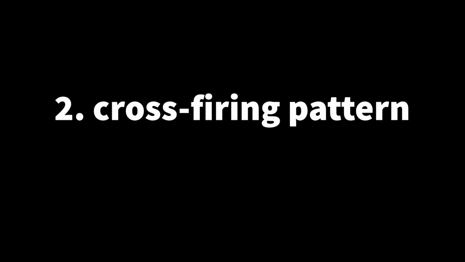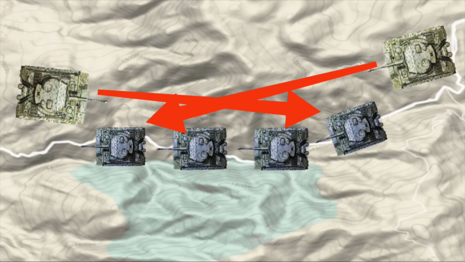2. Cross-firing pattern. In this pattern, for any reason, such as the presence of ground obstacles, the friendly tanks do not have the ability to confront the tank in front of them. Instead, each tank acts against the target based on its angle of view and firing capability.